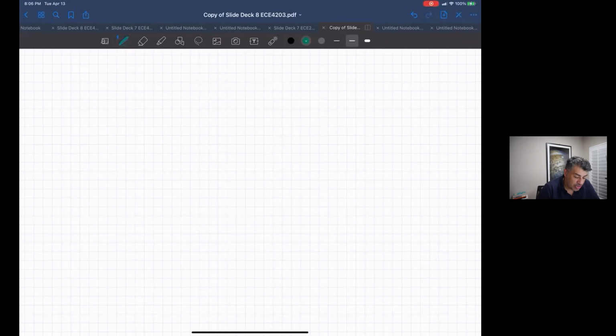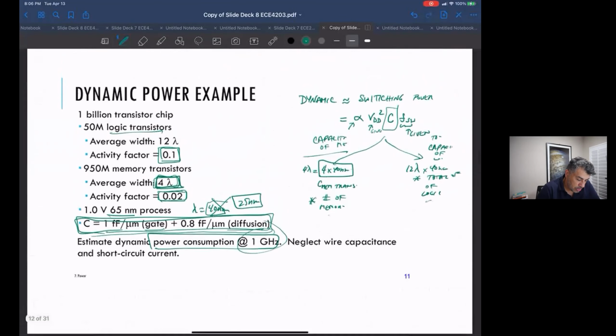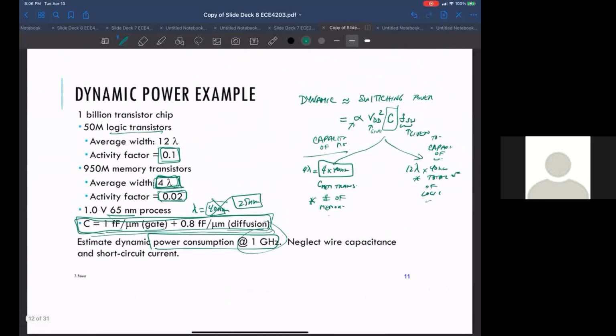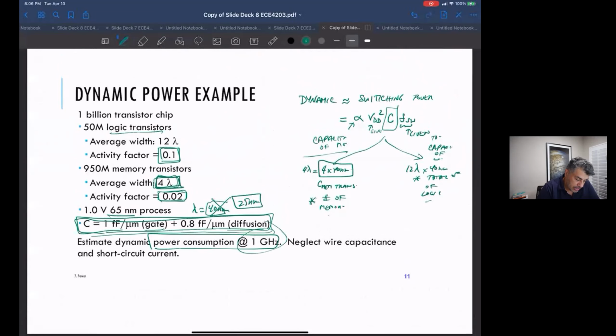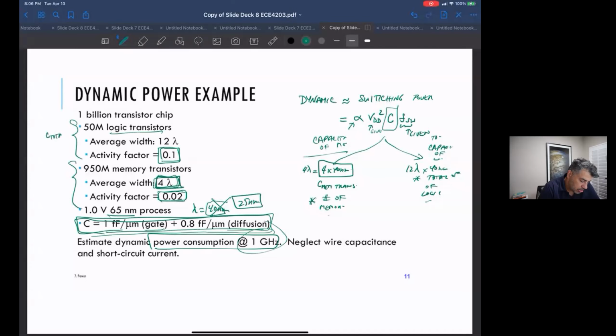No worries. So let's calculate this thing. So what did you do? I think the thing to do is to figure out these capacitances, right? C total for logic and C total for memory.